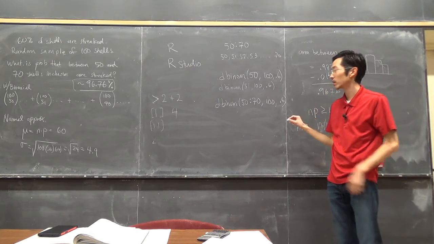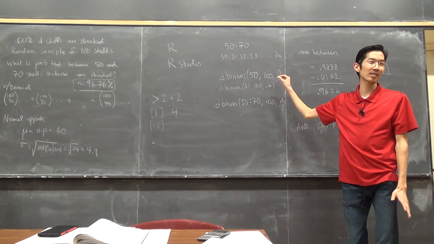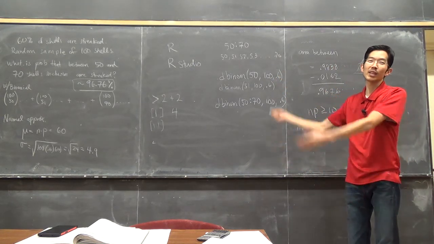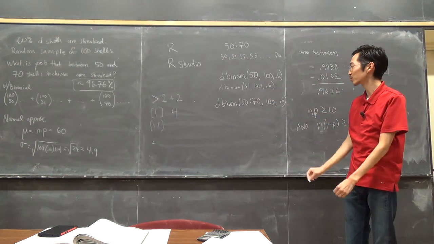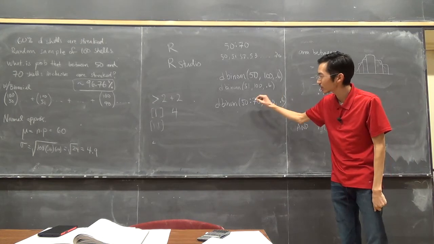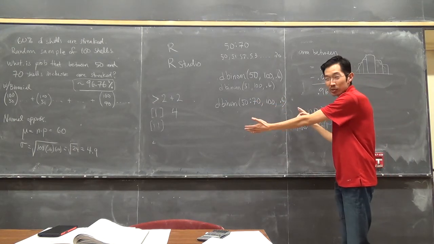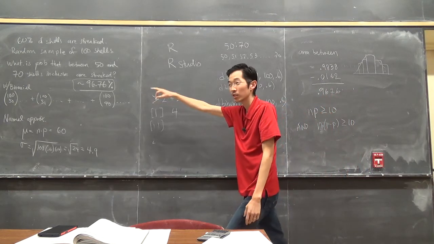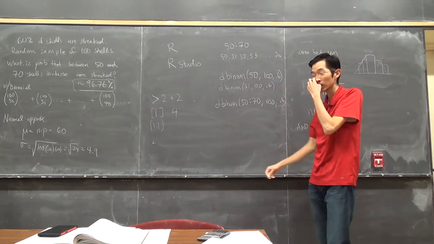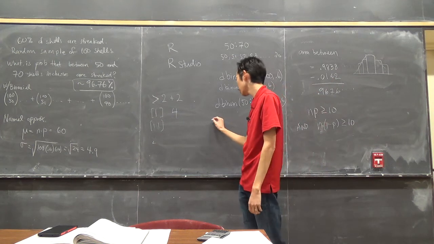I understand I'm just writing on a chalkboard and we're not seeing anything being produced. But when I hit enter here, it's going to spit out 21 numbers, all of the results of 100 choose 50, 100 choose 51, and so on. Well, I could say, add those up.